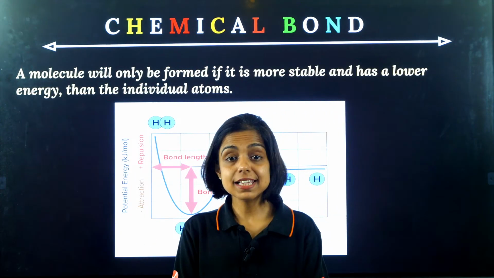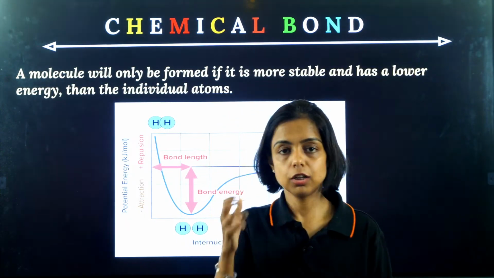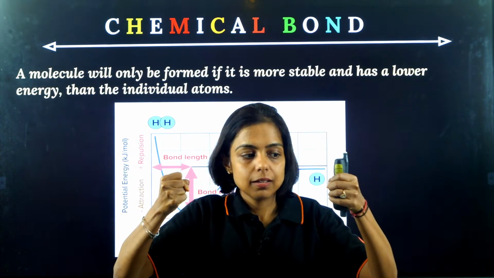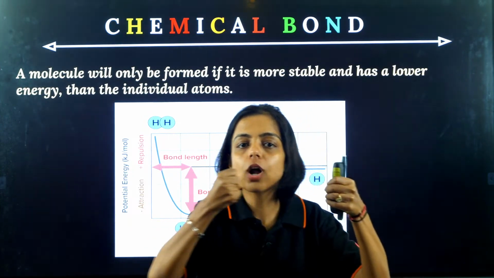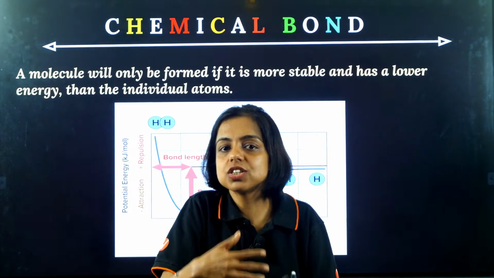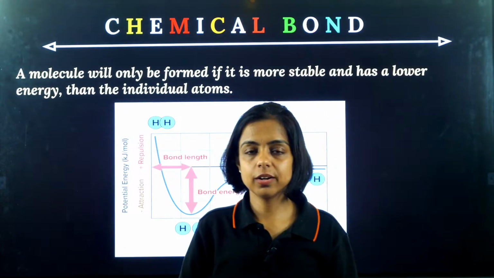So guys, potential energy is the energy of interaction of two atoms, two molecules, two particles, because of their interaction. Interaction means attraction or repulsion. Because of their interaction, what energy changes are happening? What is the effect on energy? That is potential energy.